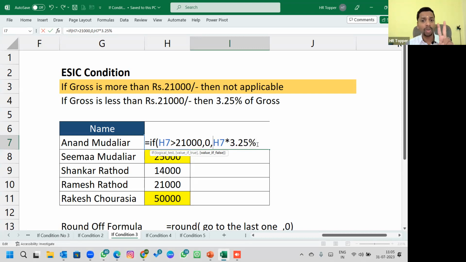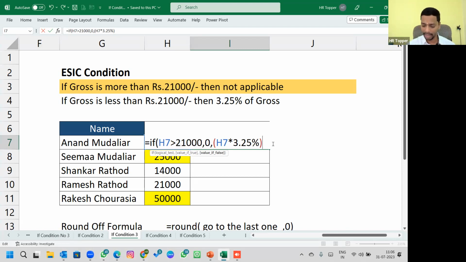If you have more than one step, parameter or condition in one formula, you have to use a bracket. In the first condition, there was only one point: gross more than 21,000, zero. Here it is gross into 3.25, so there are two steps involved. So we have to always write it in the bracket. Am I clear? If there are more than one step or condition, then we have to use a bracket.